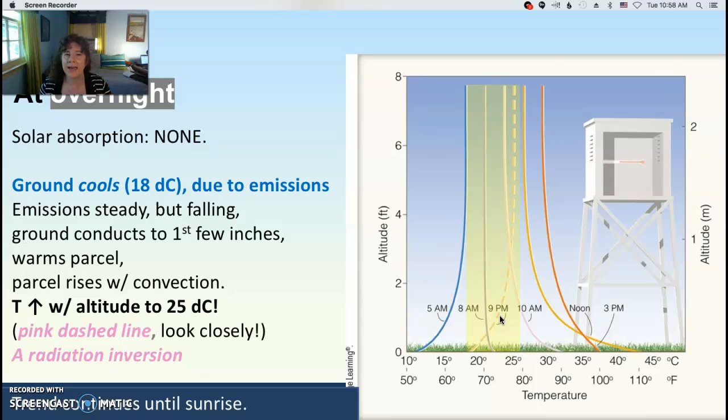All you've got is the overnight emissions, the radiant emissions that are warming the parcel that is above the surface. When you've got that parcel above the surface, that parcel is warming up and then it's slowly convecting up to this area to warm this area by the weather station. So again, you've got another radiation inversion overnight.